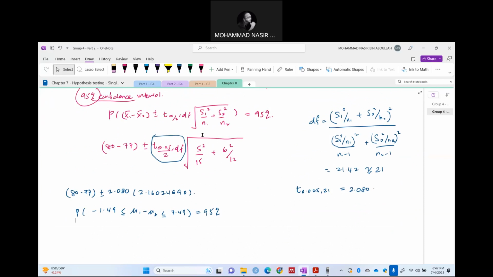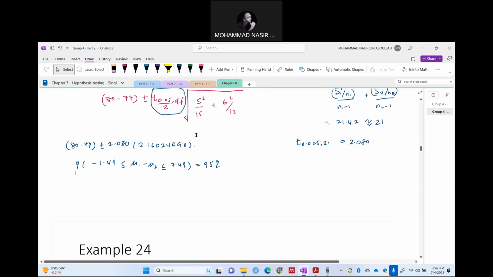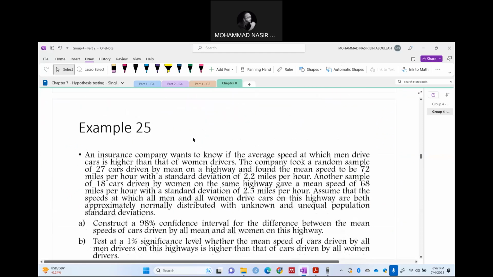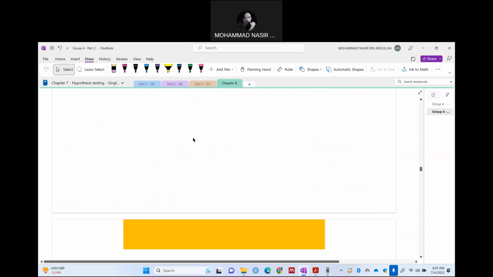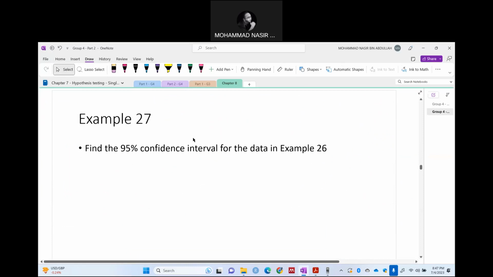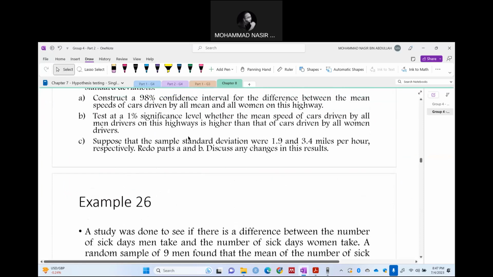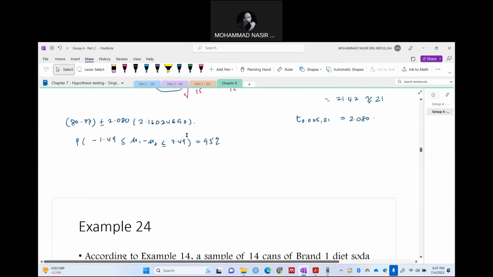Examples 24, 25, 26 until 27, I think you can do by yourself, provided you understand the previous example. Okay?